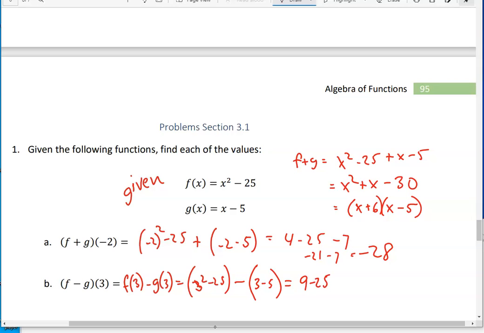And 3 minus 5 is a negative 2. But I'm subtracting a negative 2, so that becomes a plus 2. And that becomes 11 minus 25, or minus 14.